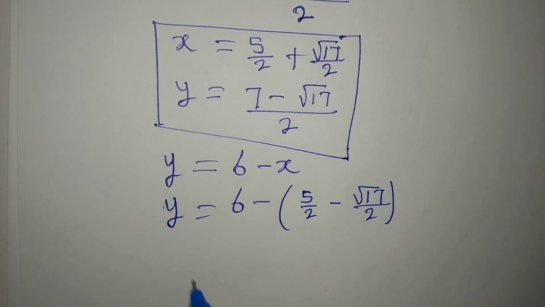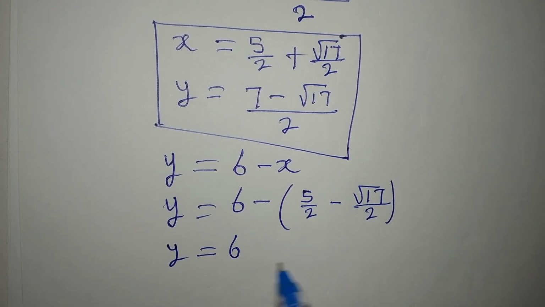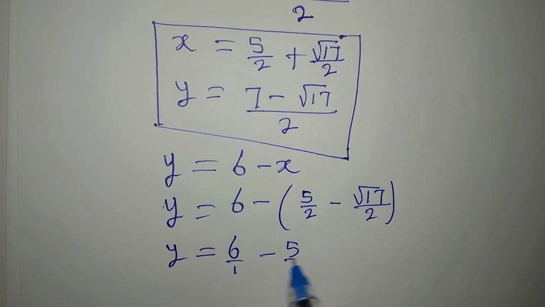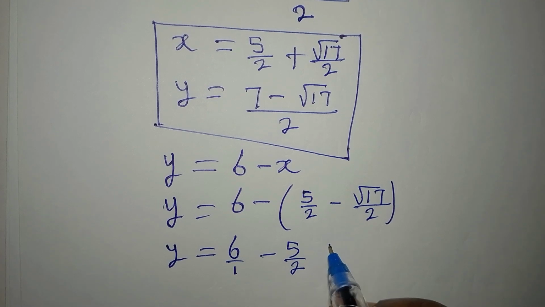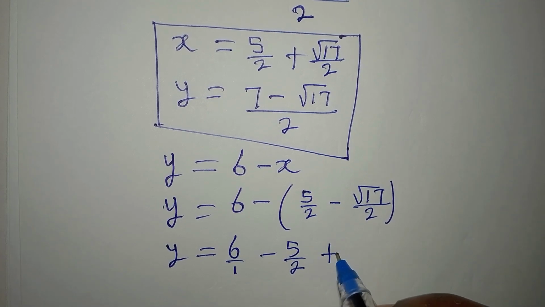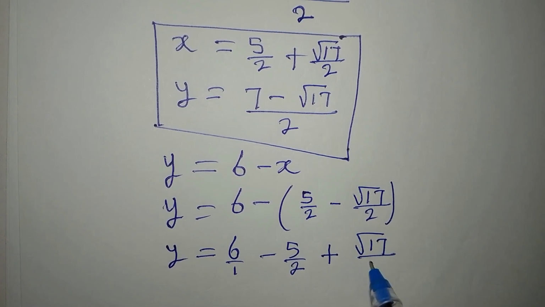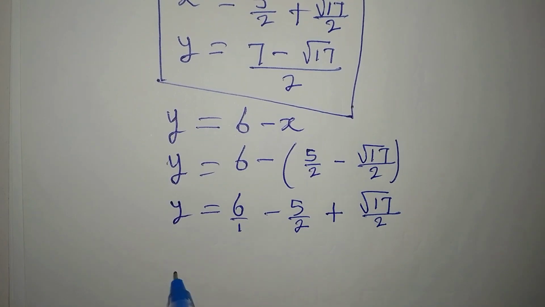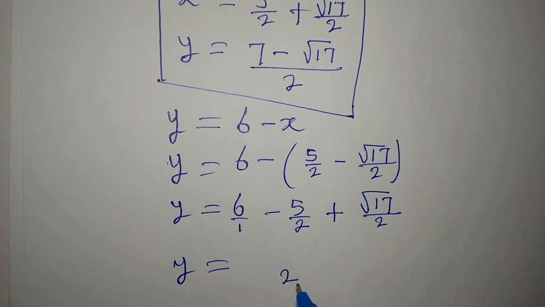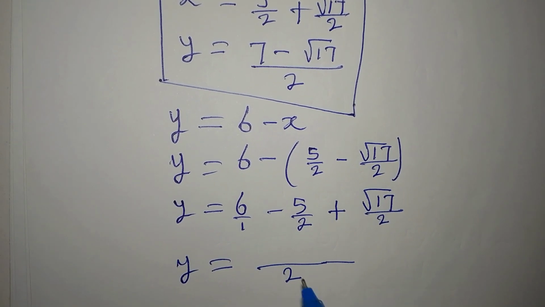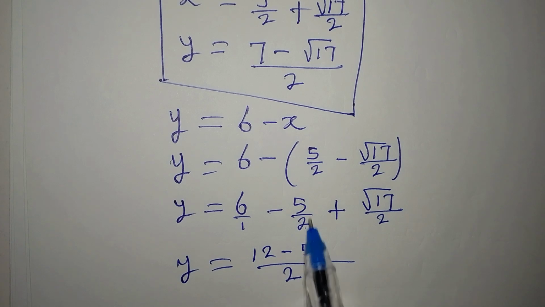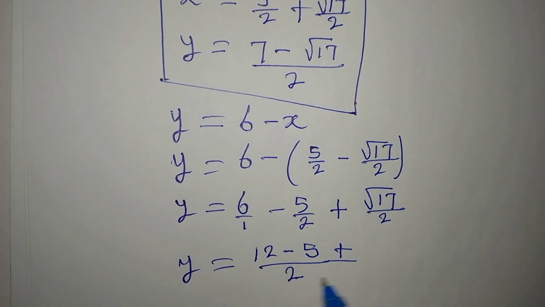If you open this, you have y equals 6 over 1 minus 5 over 2, then we have plus square root of 17 over 2. The LCM is 2, so y is over 2 here. Okay, then we have 12 here, minus here we have 5, because 2 divided by 2 is 1 times 5 is 5. Then plus 2 divided by 2 is 1 times root 17 is root 17.